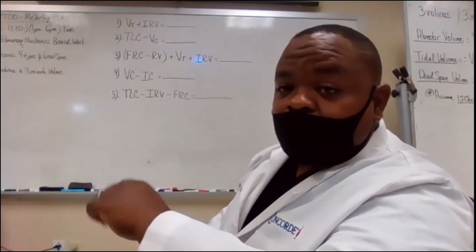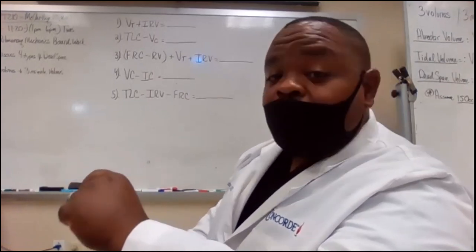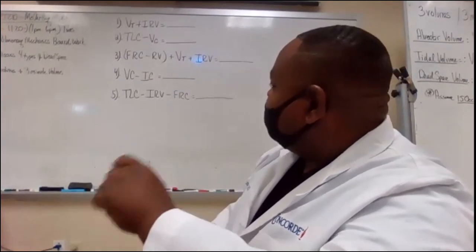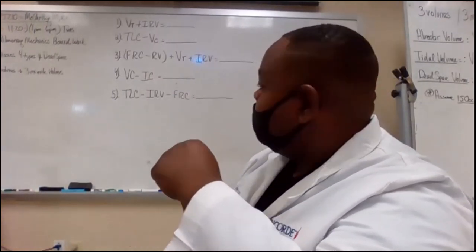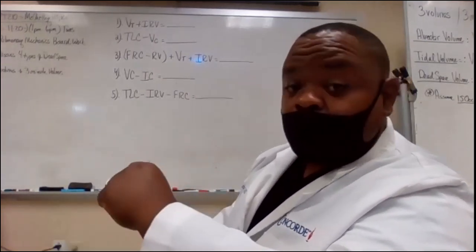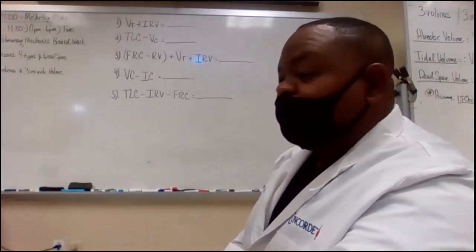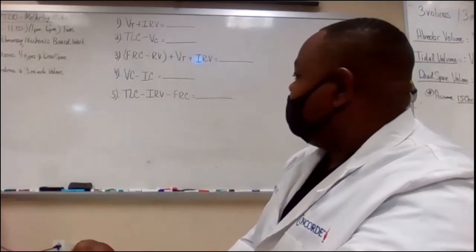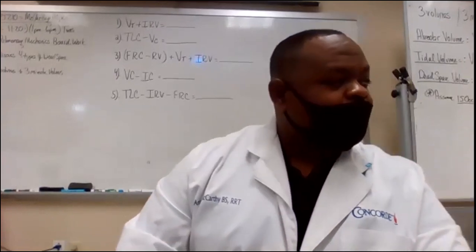Number 3, notice the parentheses: FRC minus the RV, parentheses, right, plus tidal volume plus IRV. What would that leave us with? Number 4, VC minus IC. What would that leave me with? And finally, number 5, TLC minus IRV minus FRC. What would that leave me with?